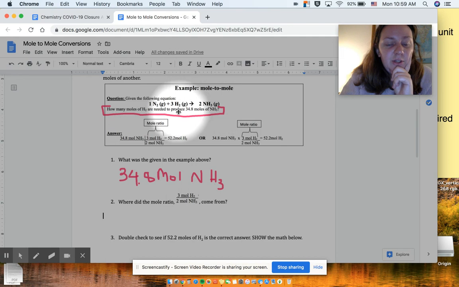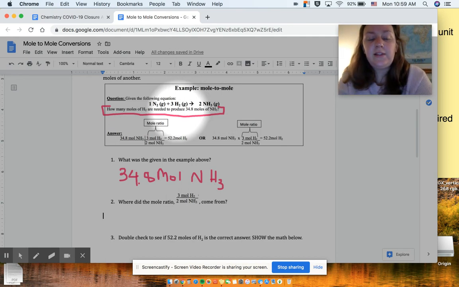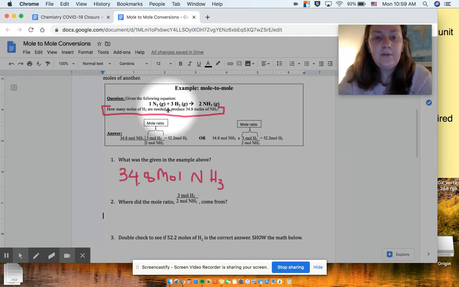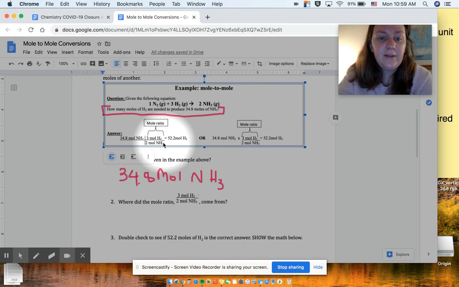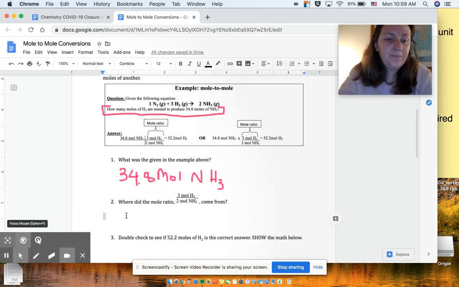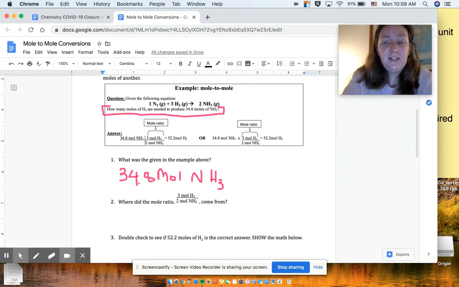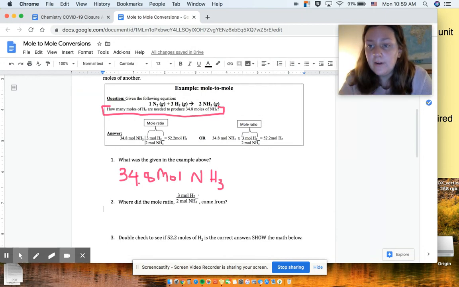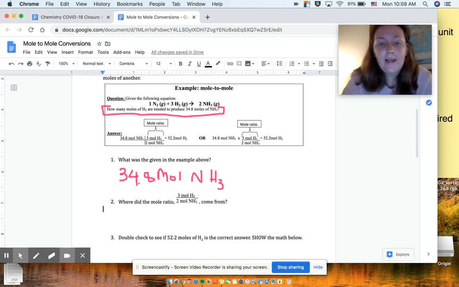So let's find H2. And we notice that there's a 3 out in front of it, right? So that's where that 3 mole H2 comes from. And then if we find NH3 in our balanced chemical equation, same idea, right? 2 is that coefficient, that number out in front of NH3. So where did that mole ratio come from? It's basically the coefficients from our balanced chemical reaction.